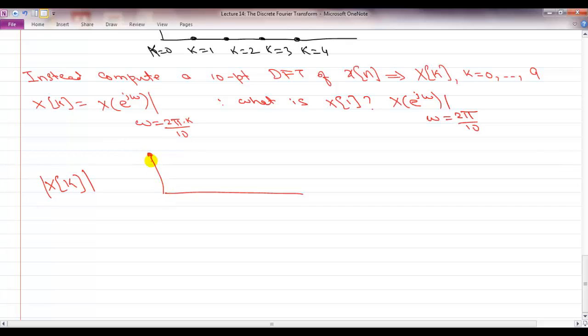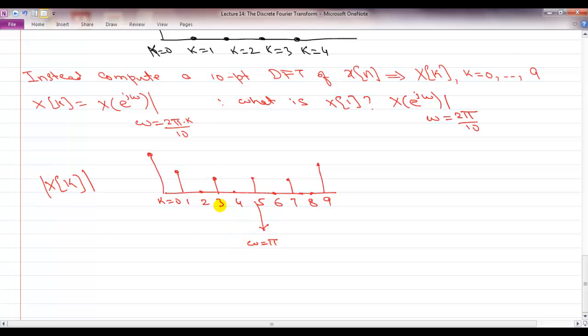You still have 5 at k equal to 0, but then you have now this value, then you get a 0 at k equal to 2, then you have another value, another 0, another value, another 0, another non-zero value, a 0, and then another non-zero value. Okay. So this is k equal to 1, 2, 3, 4, 5, 6, 7, 8, and 9.